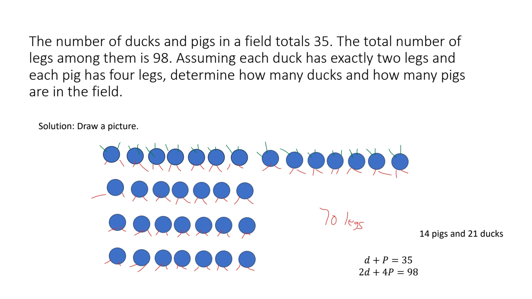And since each duck has 2 legs, you multiply 2 times D, so that's the number of legs for the ducks. Since each pig has 4 legs, you multiply 4 times P. And if you add the legs, the total has to be 98. So we have a system of equations, and if you find D and P that solve these equations, that would be your answer.